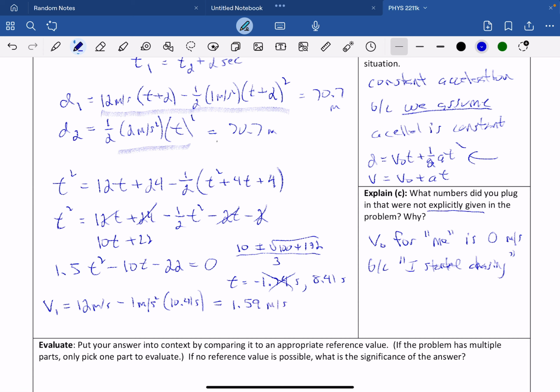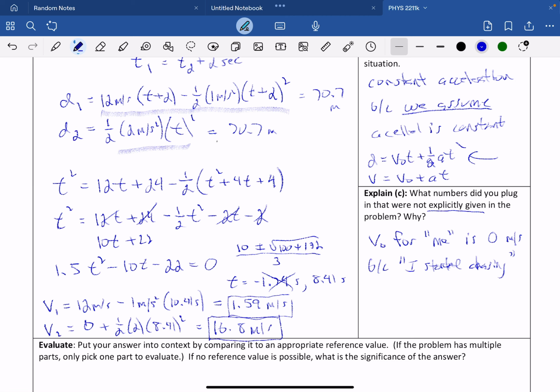It has almost stopped. Okay, and my velocity, v2, is going to be v0, which was 0, plus acceleration times time, and that gives me a final velocity of 16.8 meters per second.